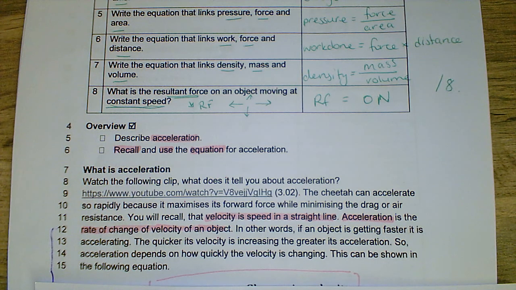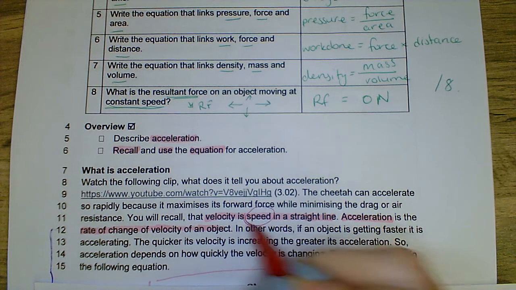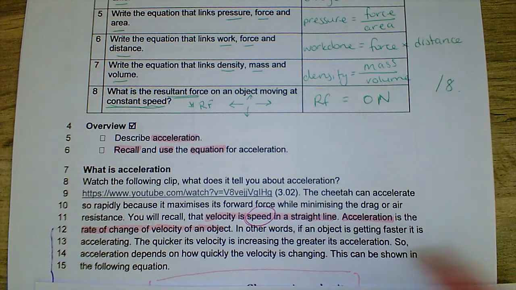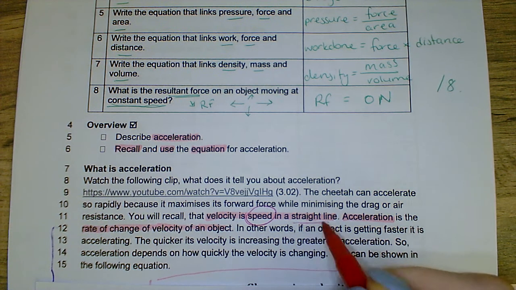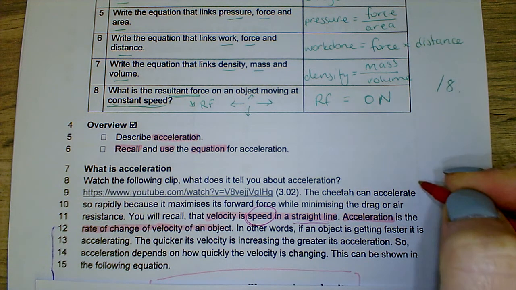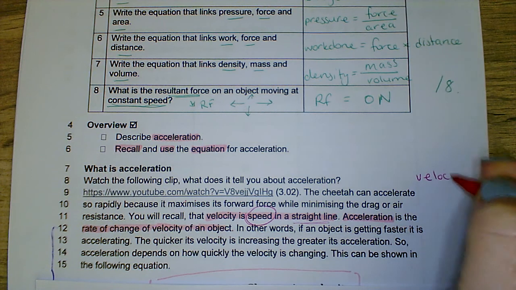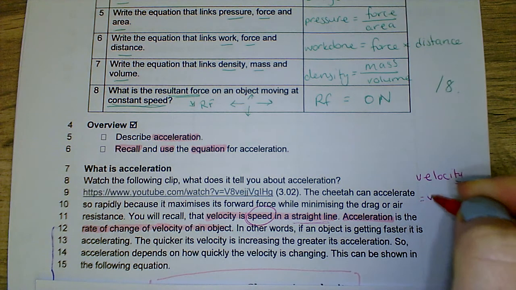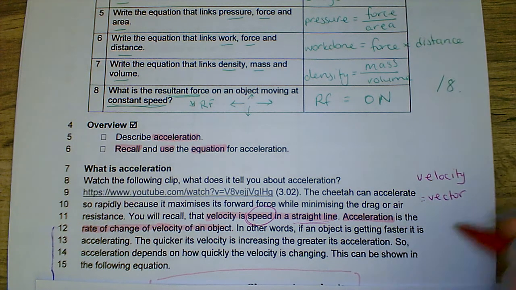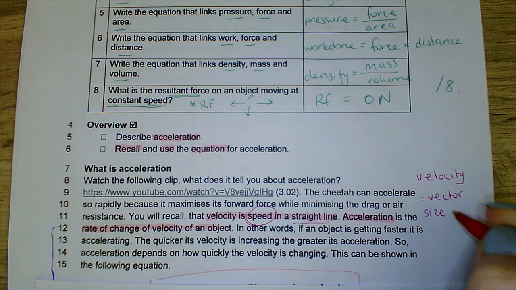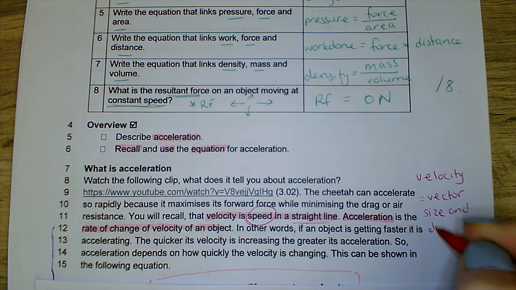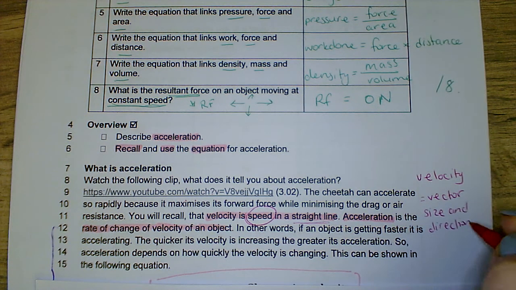So if velocity is speed in a straight line, it will have both the size, i.e. the speed, and it will have direction. So velocity is a vector because it has both size and direction.